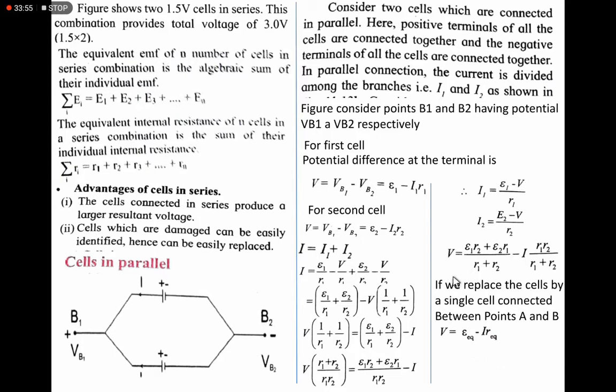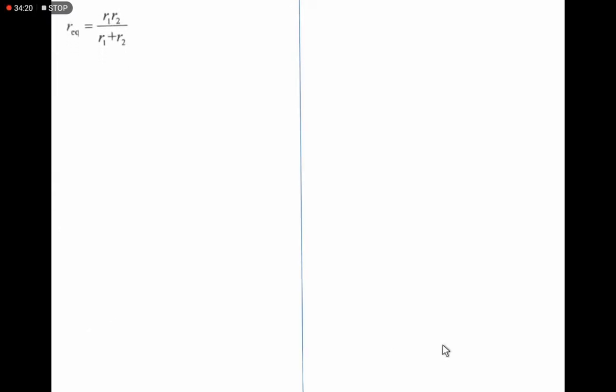Okay, so if we use this here, then we'll write the equivalent EMF is equal to (E1 R2 + E2 R1) / (R1 + R2). This is the equivalent potential, and the equivalent resistance will be R1 R2 divided by R1 plus R2.